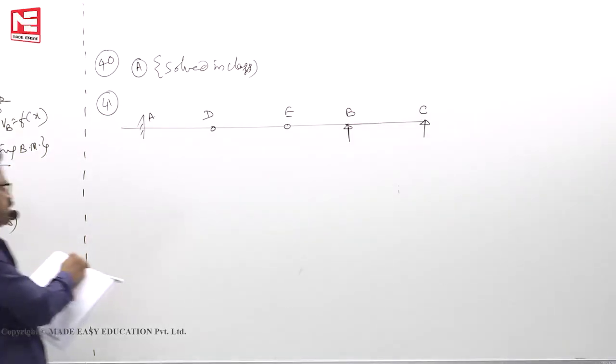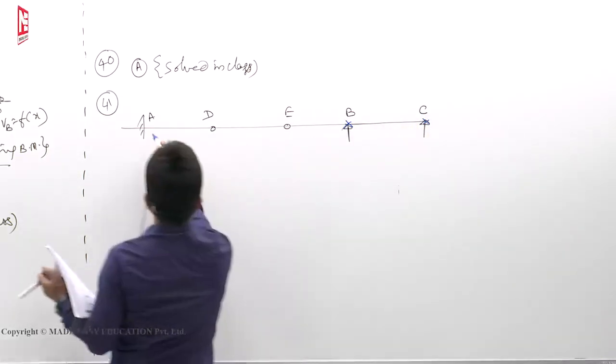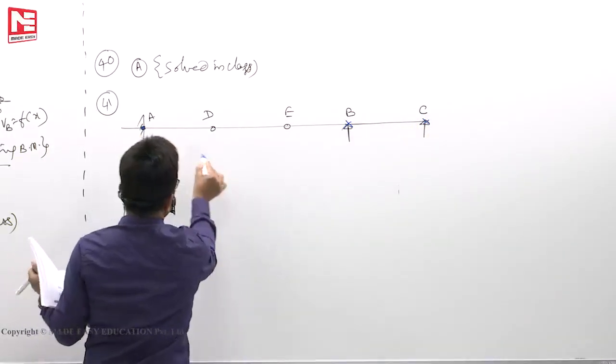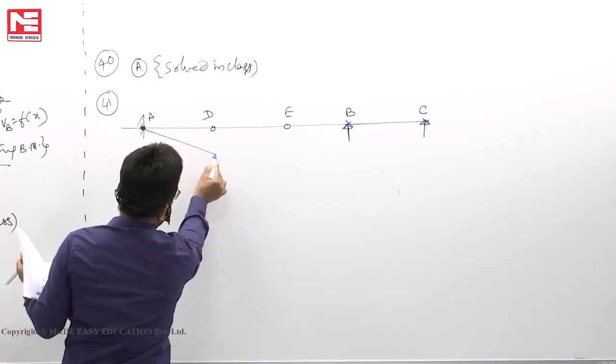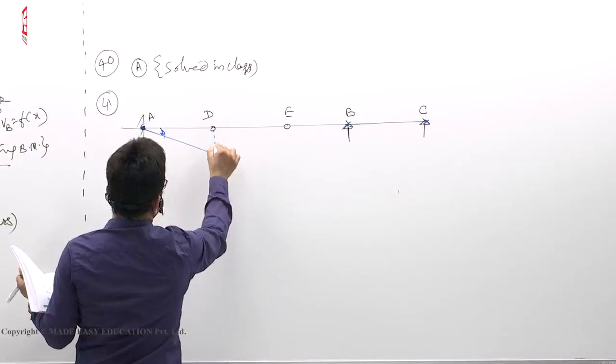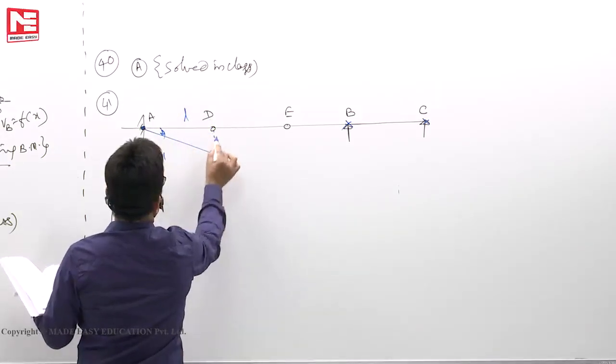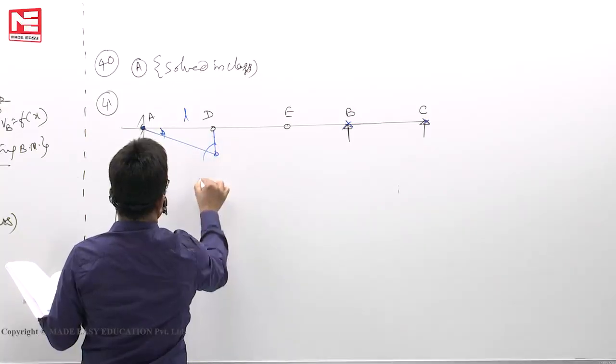Without removing the supports at B and C, assume an imaginary hinge and apply unit rotation. When I apply unit rotation, it will come down like this. Theta A is equal to 1. This length he has given as L, say. So L into 1 means this ordinate will become L.